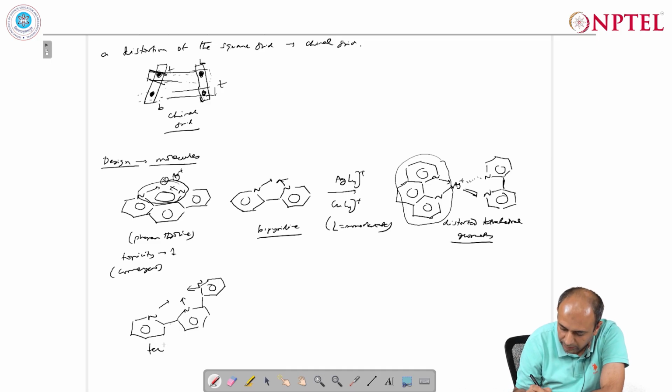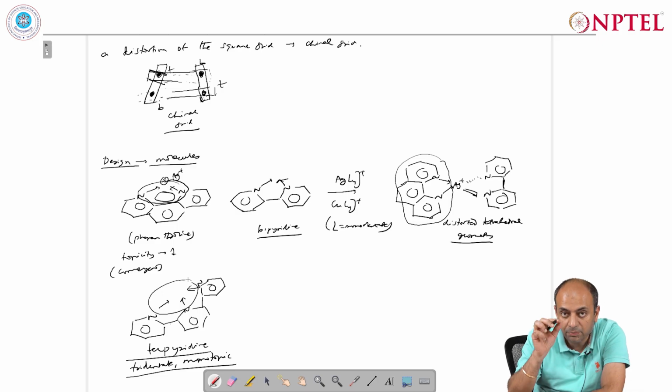This is a terpyridine. Now this is tridentate, but it is monotopic, because this is the only one specific distinct binding site where the metal ion can come and bind.